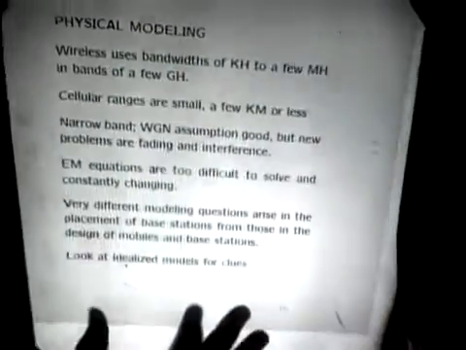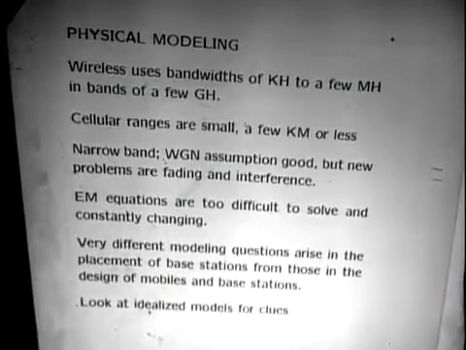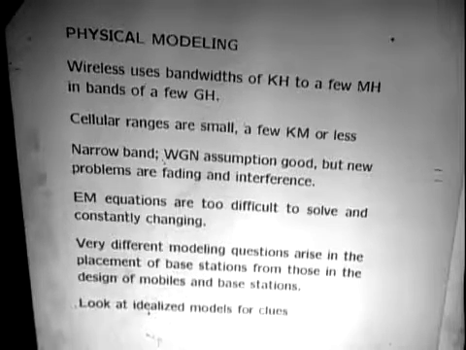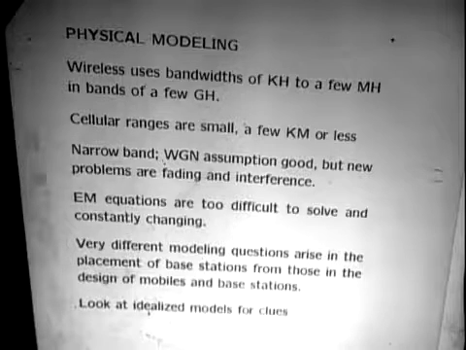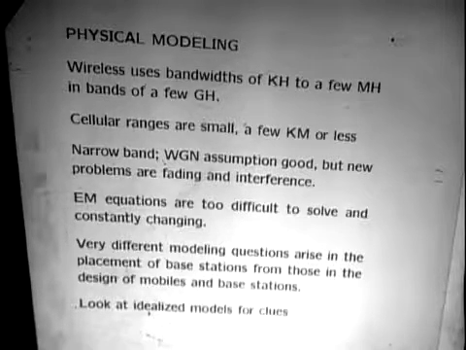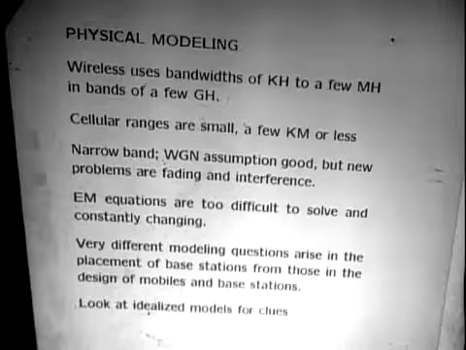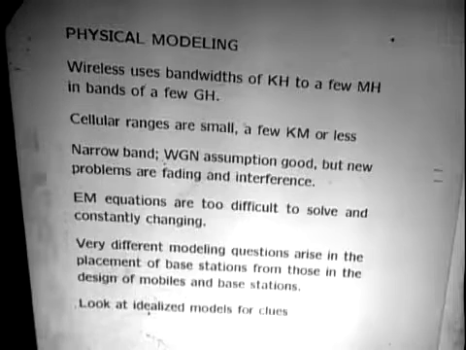The thing we're going to be concerned about here is really these physical modeling issues. And where we wind up with that is we're typically talking about bandwidths that are maybe a few kilohertz wide, or maybe a few megahertz.